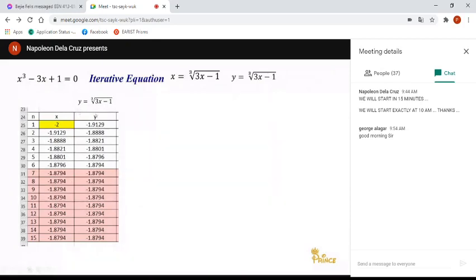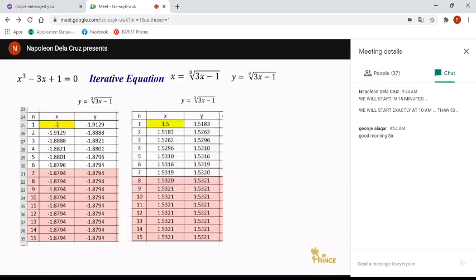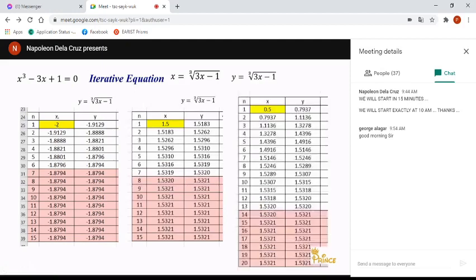So you substitute it there, you can solve for this. Negative 2, 1.5, then the 0.5. Ayan yung kanina ha. Negative 2, 0.5, 1.5. But this time we will be using the iterative equation number 2. Kaya nga iteration method ha.